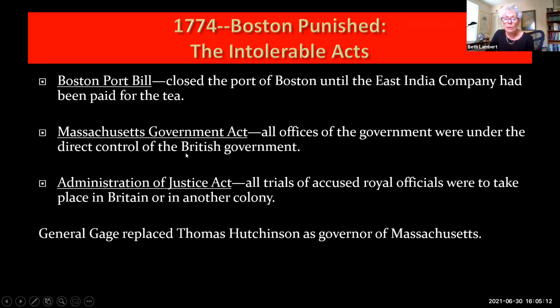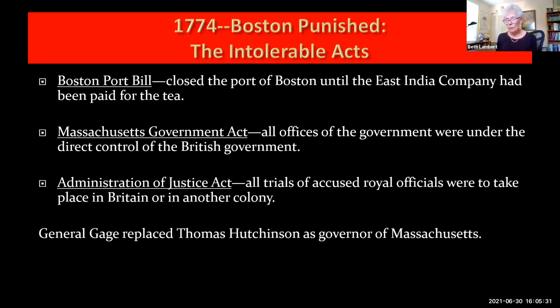Then the Massachusetts Government Act: all offices of the government were under control of the British government. The Administration of Justice Act: all trials accusing royal officials were to take place in Britain or another colony.